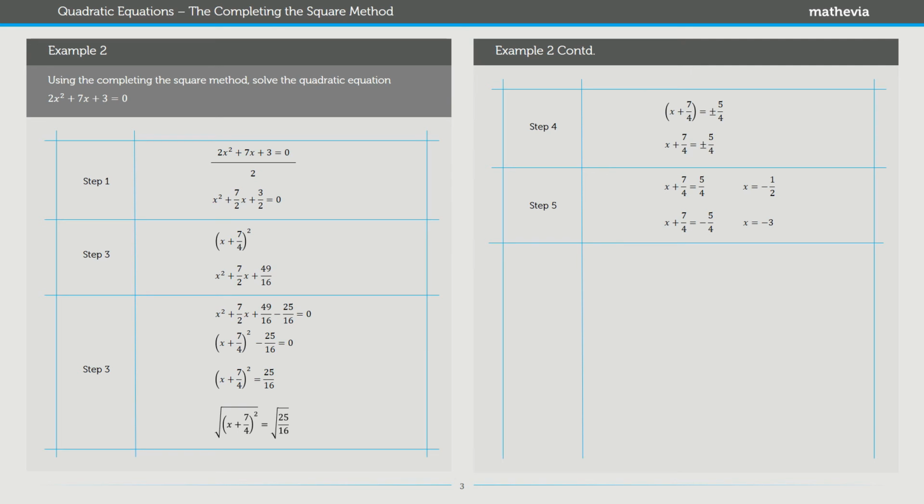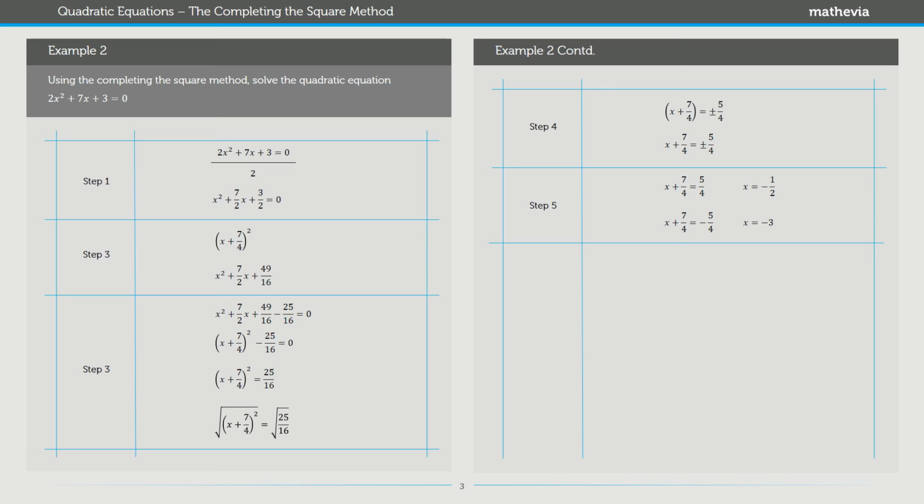Now we can write it as x plus 7 over 4 all squared minus 25 over 16, and then we move 25 over 16 to the other side. Okay, and then we find the square root of both sides.